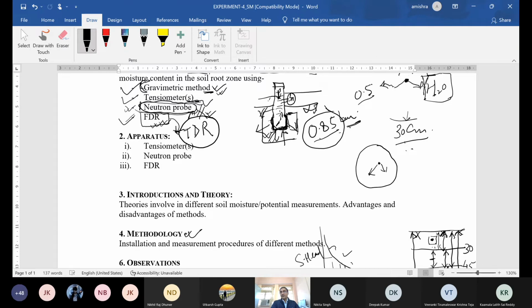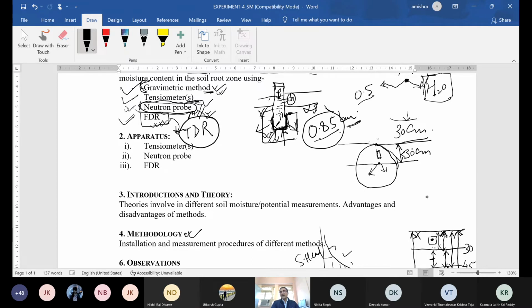So if we are using a 30 centimeter radius, remember please, if we are placing this, suppose this is the surface, and this depth is less than 30 centimeter, neutrons will come out in the air. So that will be wrong information because the number of neutrons which collide back, reduced in velocity, and get collected in the collector plate will be less.